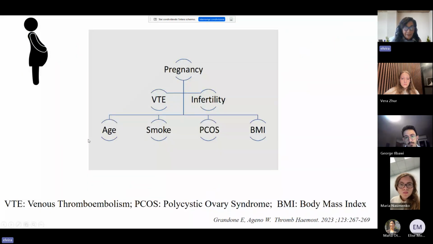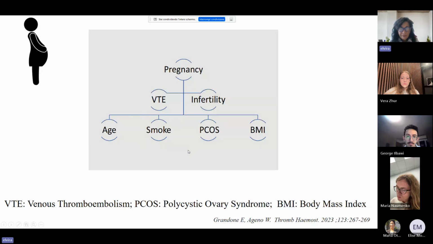But the very interesting aspect, at least from my standpoint, is that many risk factors for VTE associated to pregnancy are the same risk factors for VTE in women with infertility issues.